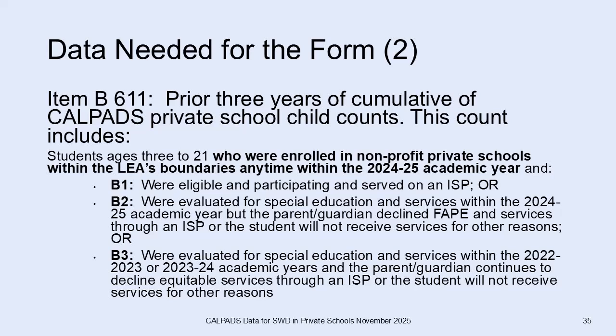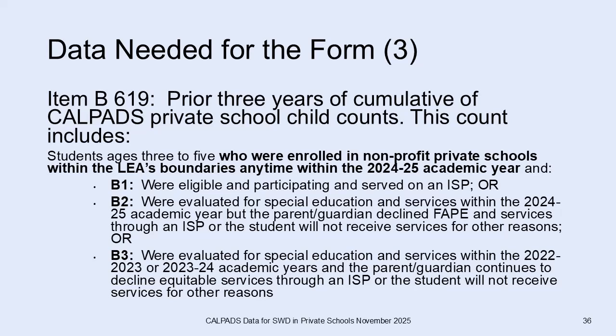The third category is students in 23-24 or 22-23 that were evaluated, parents declined, or they weren't on an ISP for other reasons, and they continued to remain enrolled at that private school up until 24-25. That's when the 3 prior years comes in, in item B. For the 619 form, it's the same data except for ages 3 to 5.